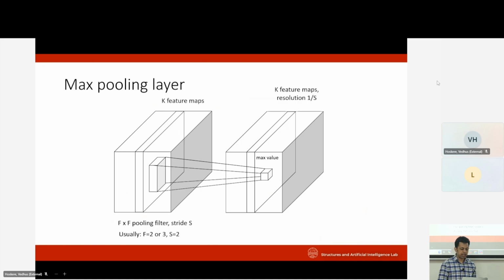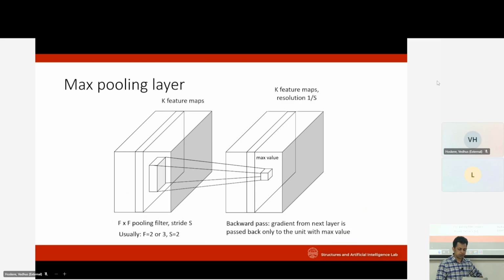Now, if you have k input feature maps, then you're still going to have k output feature maps, because pooling is being applied to every feature map. And yeah, so the window is typically size 2 or 3, and we have stride 2.